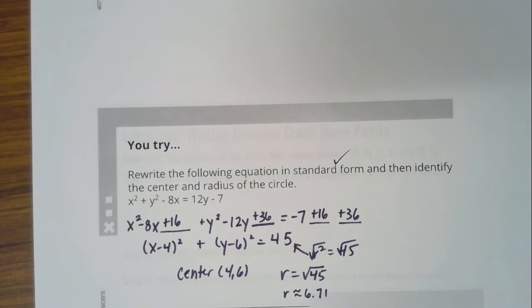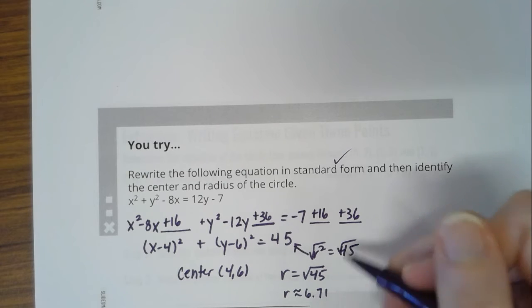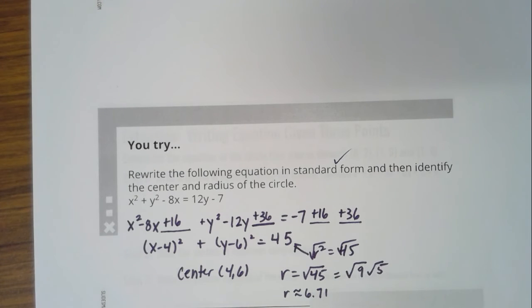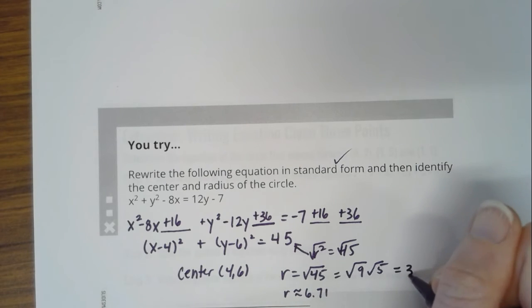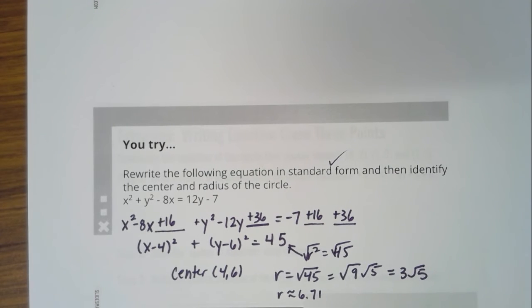And then I could also use our techniques for simplifying radicals, where I break up the square root of 45 as a product of a perfect square. And the largest perfect square that divides into 45 would be 9. So I could break this up as radical 9 times radical 5, and then simplify that perfect square to be 3 radical 5. So that's my exact value in simplified form, and that's an approximate value.